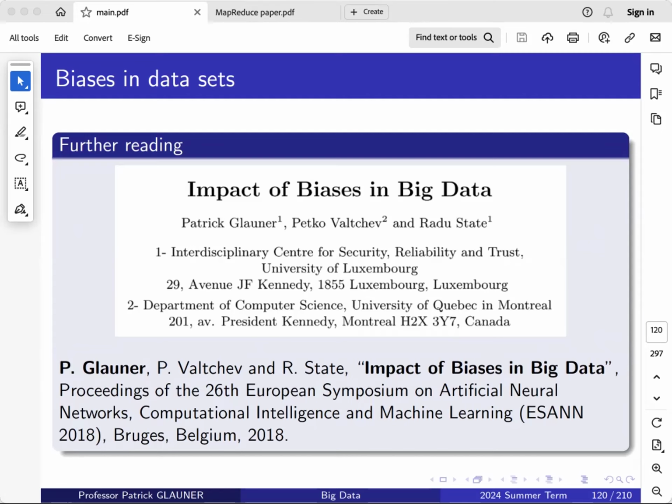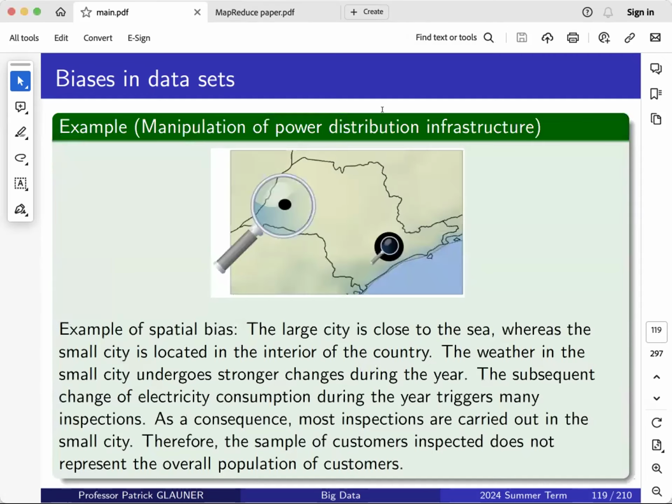If you just search the paper, Impact of Biases in Big Data, it's open access, so it's not behind a paywall. You can find it, and you get a good review in about 10 pages of what the issue of biases in big data is. I discuss covariate shift, I discuss class imbalance, plus many other kinds of biases, because they're not just these two kinds of biases.